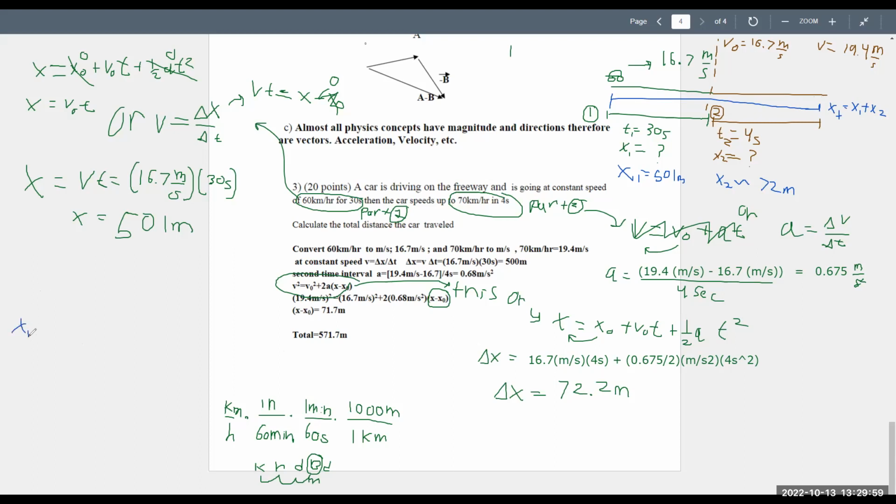Here x total is equal to 501 meters plus 72-ish meters, which equals 573-ish meters.